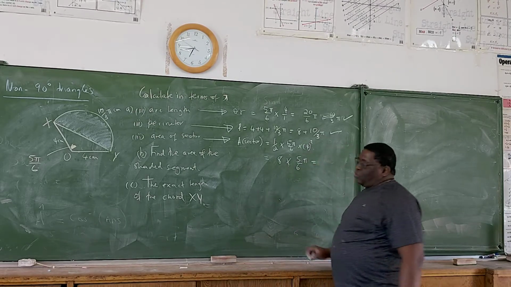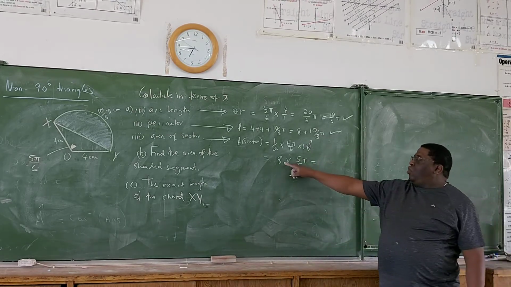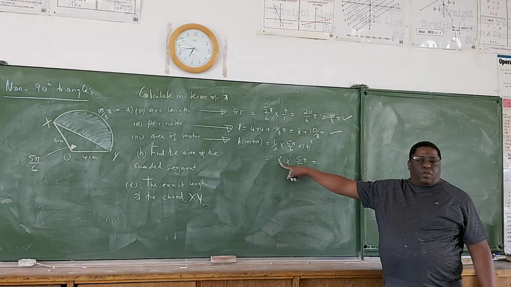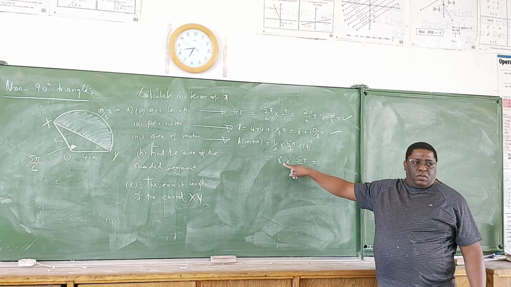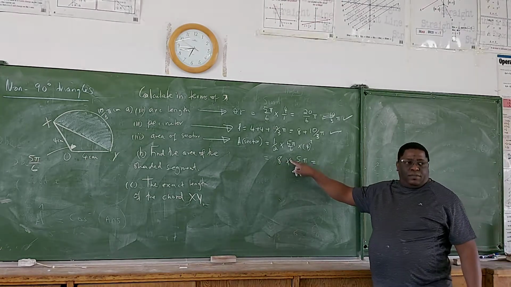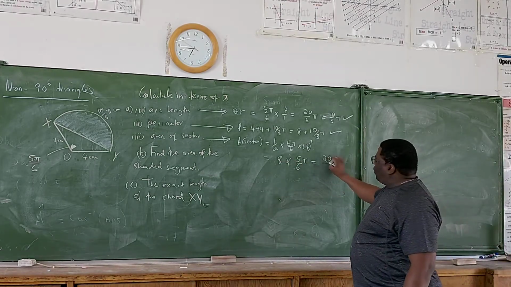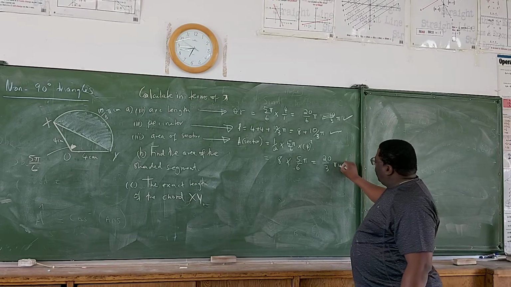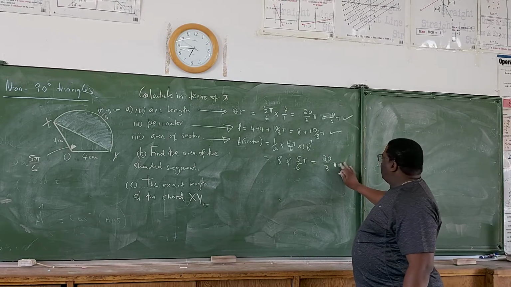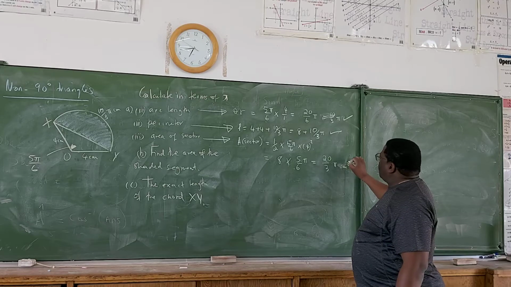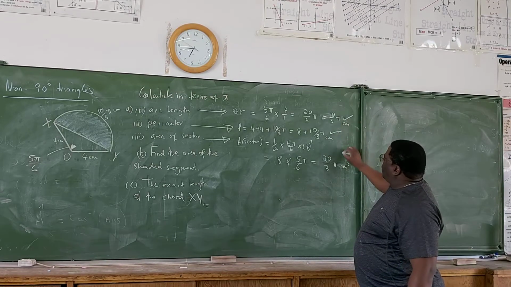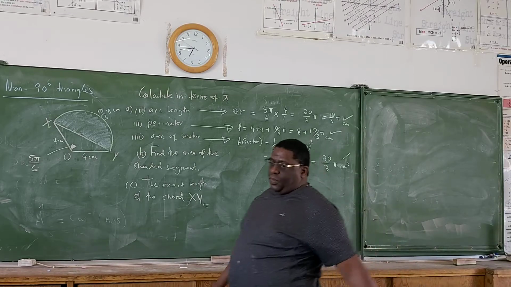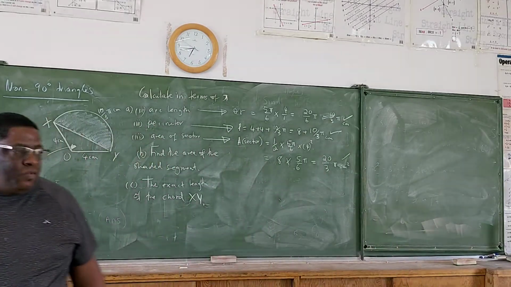Let's continue simplifying. 2 goes here 4 times, 2 goes here 3 times. 4 times 5 is 20. So the final answer should be 20 upon 3 pi, centimeters squared. The arc length and perimeter will just be centimeters. That takes care of part A of the question.